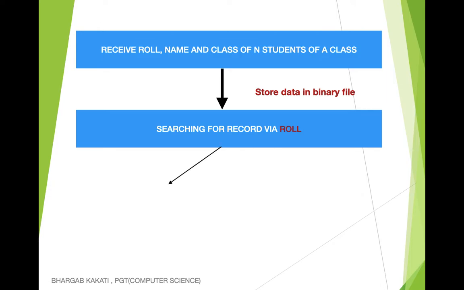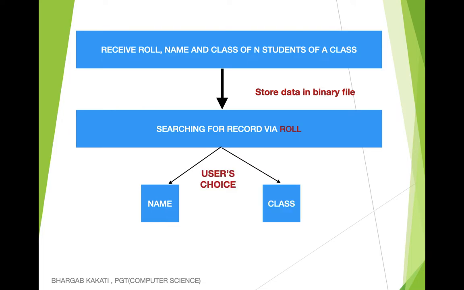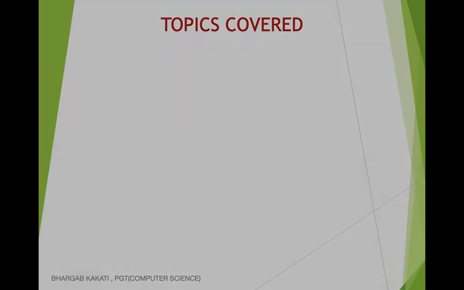After searching for a specific record with respect to its roll number, we will ask the user whether they want to update the student name or the student class, and based on the user's choice we will update that specific data. Finally, we will display the updated result.